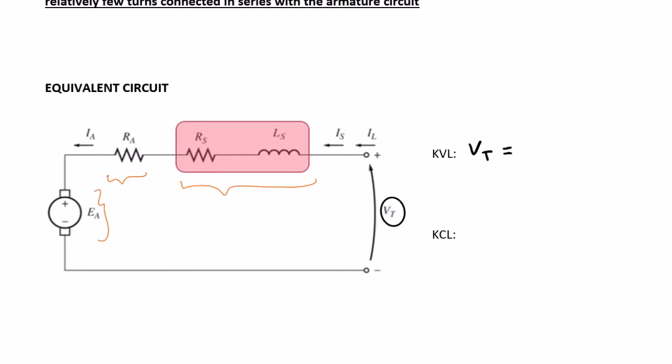So again, Vt is equal to Ea plus the voltage drop across Ra, which is the armature current into Ra.